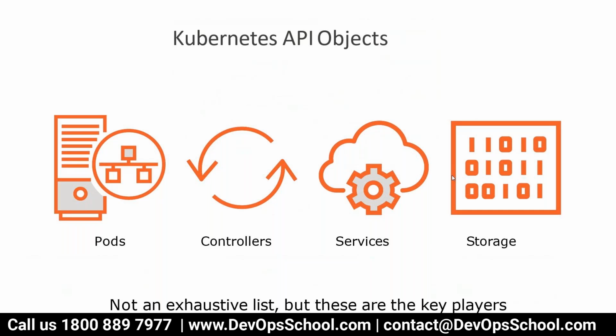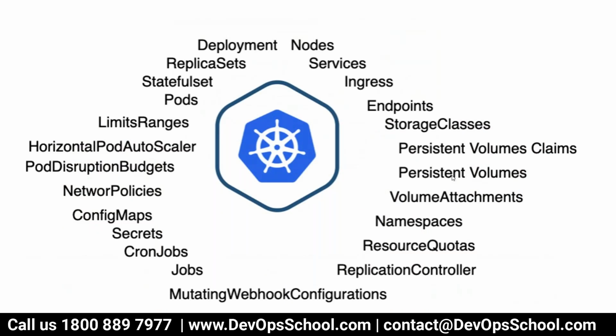EBS, S3, all these kinds of different storage devices and drivers. So yeah, many features are there. These are nodes resource, service resource, ingress resource, endpoint, PVCs, and many more. Namespaces, cron jobs, config map, secrets, limit range, stateful sets, many more actually.